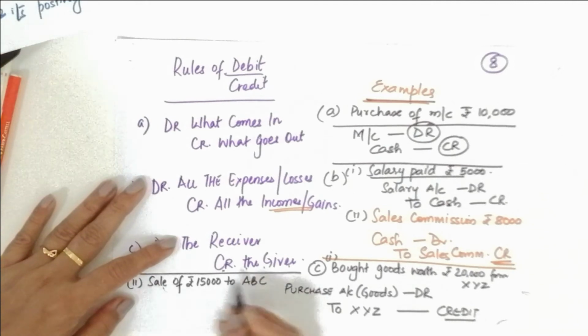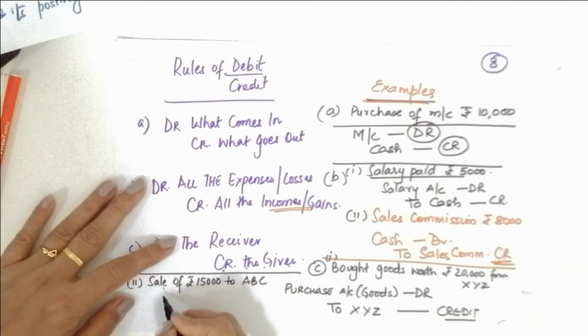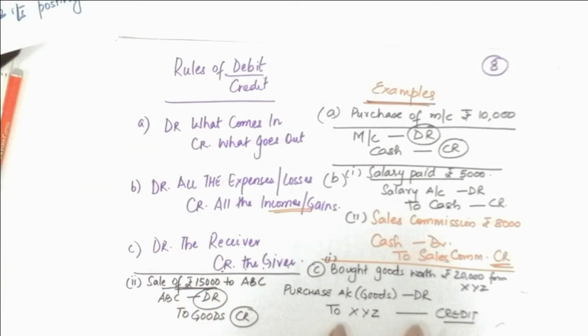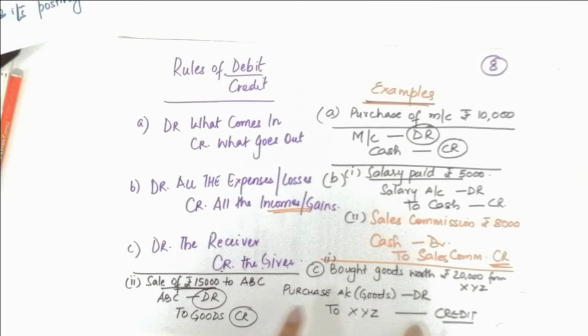He is going to pay me, he is the receiving one. So I'll say ABC, he is the debit, and what's going out? Going out is my goods, to goods. So I'm going to credit it. Did we understand? Debit the receiver, credit the giver.